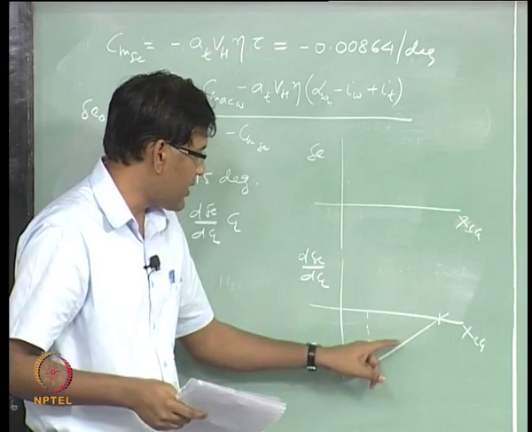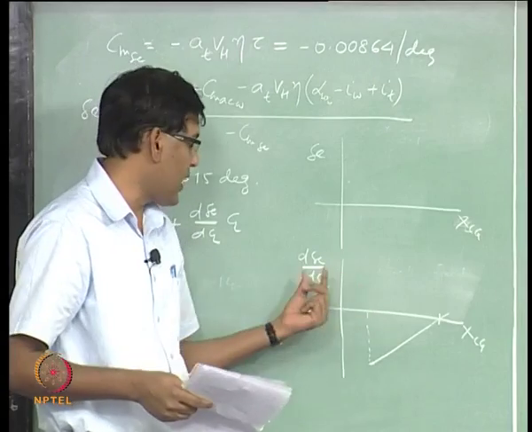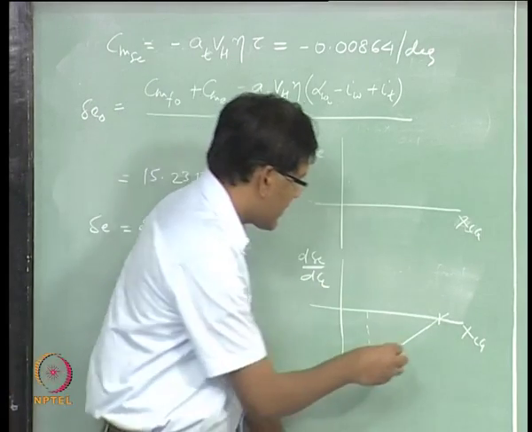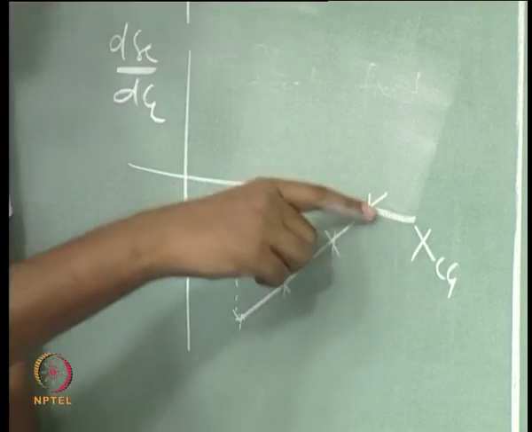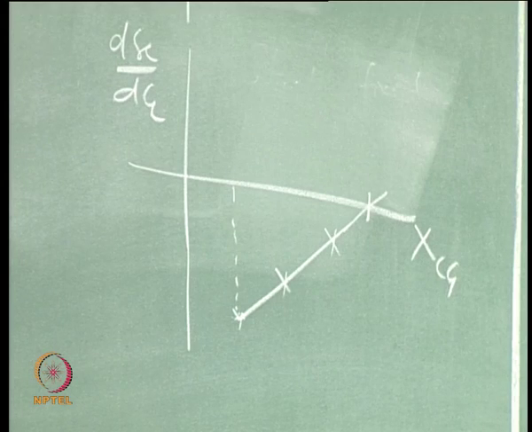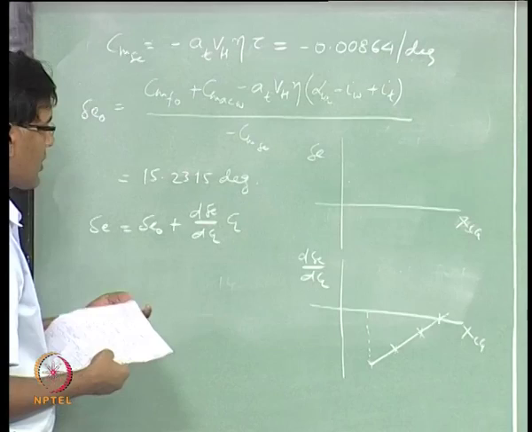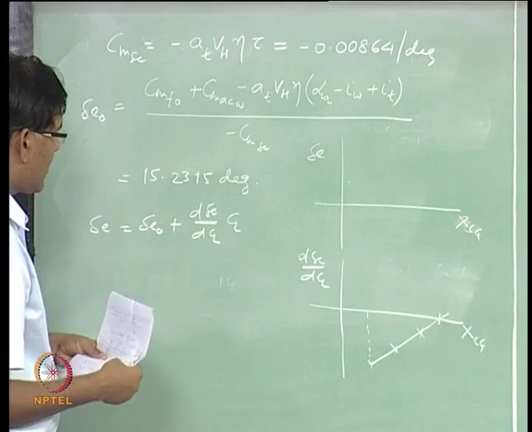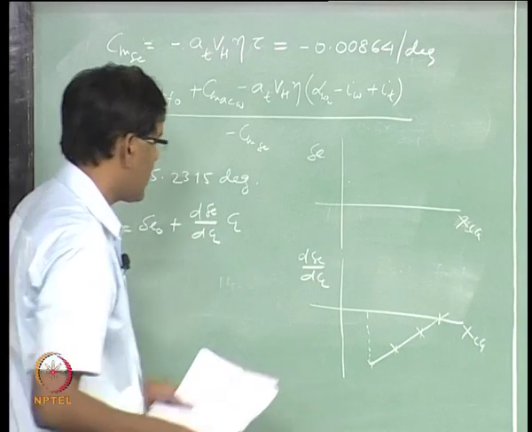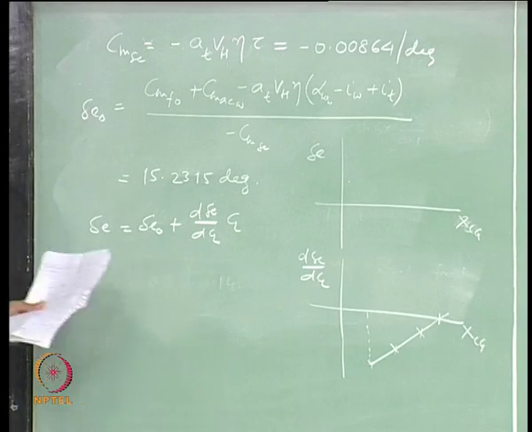So, for different velocities and different CG, you find this derivative and extend this line, so that it will cut the x axis somewhere, and that will give you the neutral point location. So, this came from where?